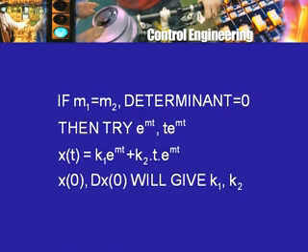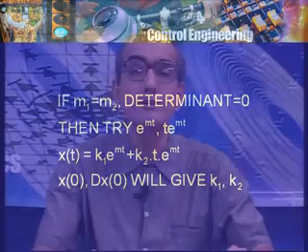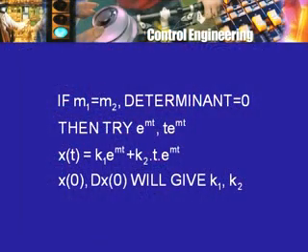So once again we have two parameters k1 and k2 appearing in the general solution of the differential equation, and once again we have the problem of determining these k1 and k2, and we can determine them in exactly the same way as we did earlier, namely by knowing x0 and dx0, we get two equations for k1 and k2 which can be solved uniquely.